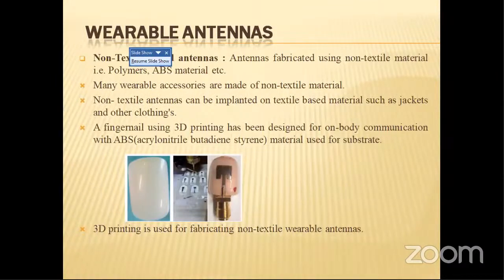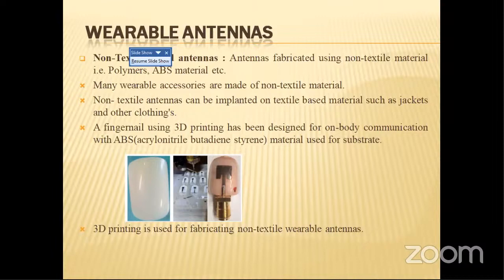Now, another type of wearable antenna is non-textile based antennas, in which we use a non-textile substrate material, that may be polymer, ABS material, or any other non-textile based substrate. Many wearable accessories are made of non-textile material, and non-textile antennas can be implanted on textile-based materials such as jackets and other clothes according to our preferences.